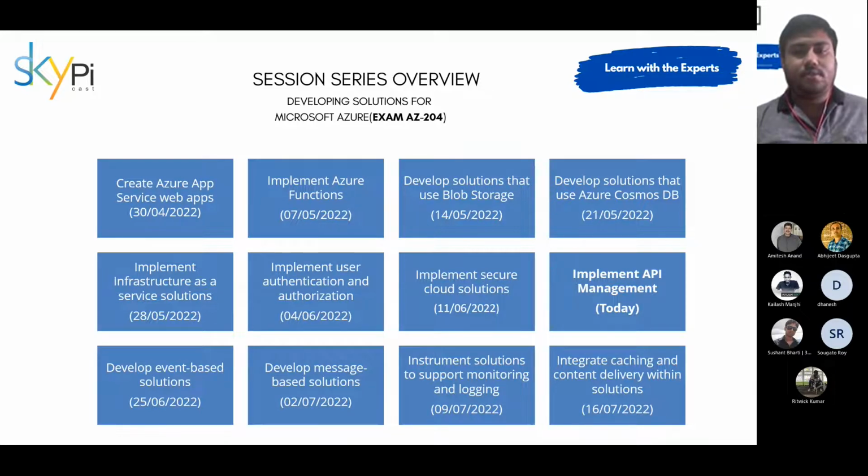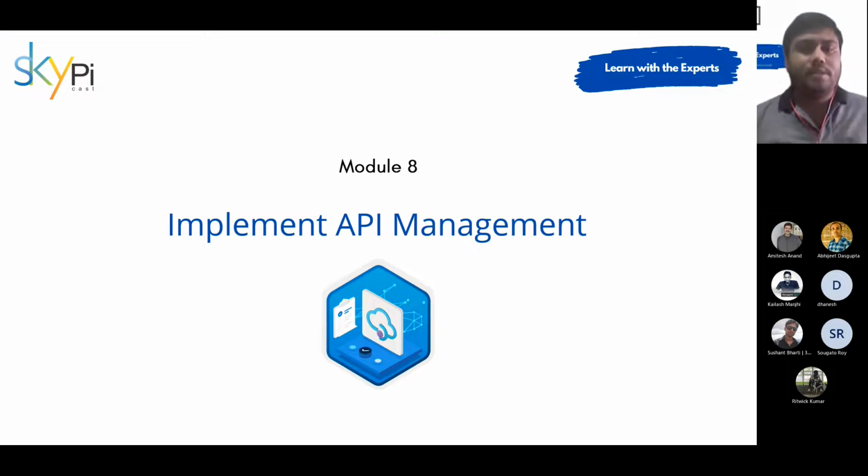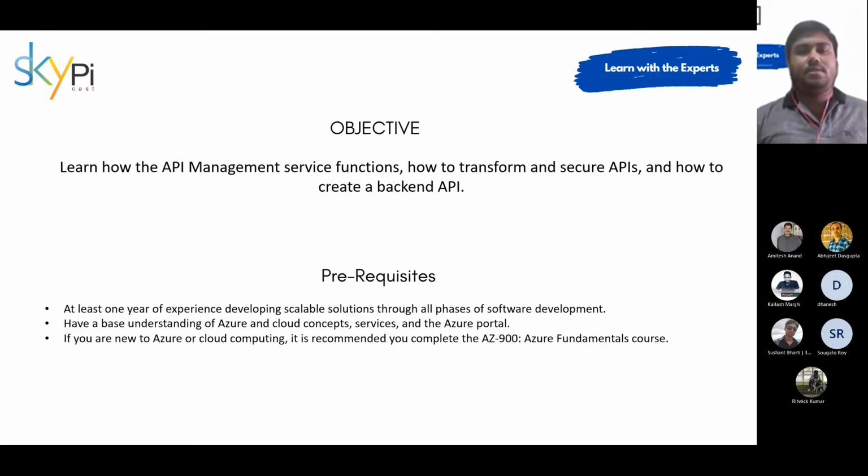Moving on. So, implementing API management. The objective for this session is to learn the service which Microsoft provides for managing APIs, what we can do to secure them, and how to create one.